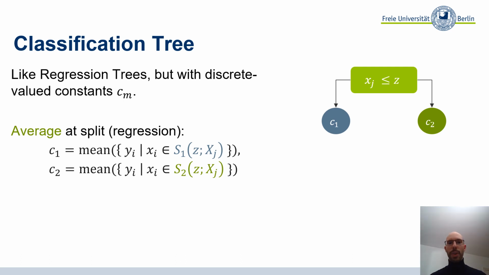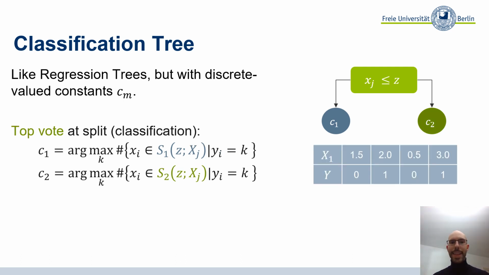Previously with regression trees, we calculated the mean over the respective data points. Now what we do is we take the top vote at that split. This is just a fancy expression, but what we're doing is counting the number of training data that has a certain target value or a certain label, and then we pick whatever label has the most occurrences.